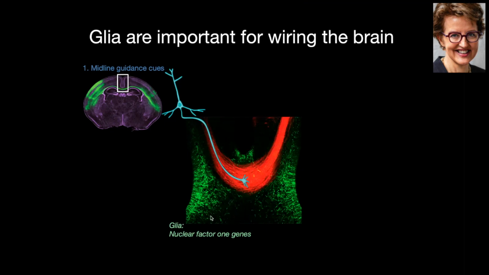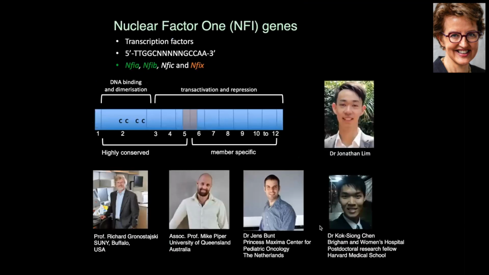And a number of years ago, we started looking at a family of transcription factors called the nuclear factor 1 genes that are crucially important for the development of the glia that really surround this tract. And I've been really fortunate to work with a number of outstanding colleagues in this work.